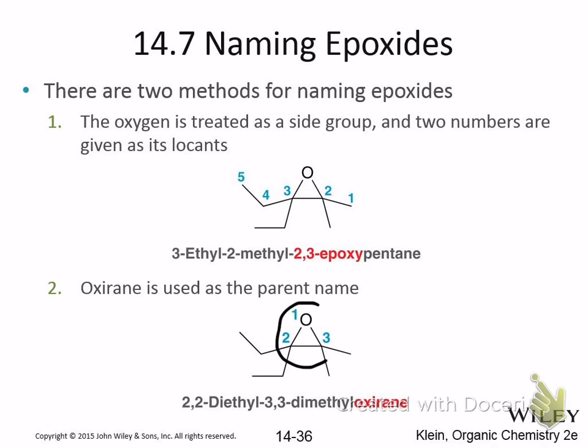So this is the parent. And it's pretty common to see this nomenclature. There's actually a 3rd way, but we're not going to go to the 3rd way. And in terms of numbering, the number 1 atom is the oxygen.